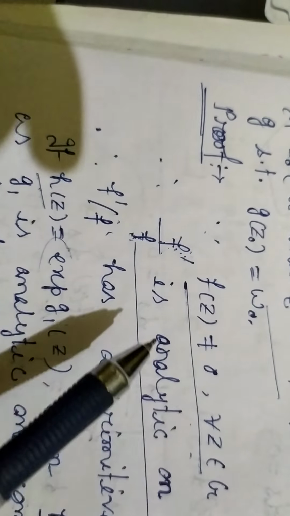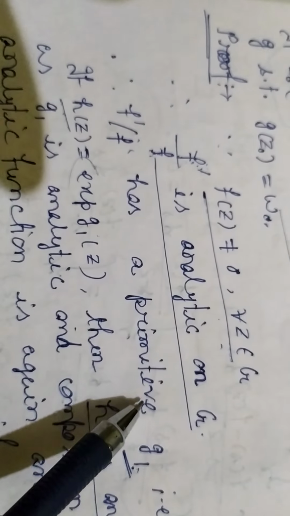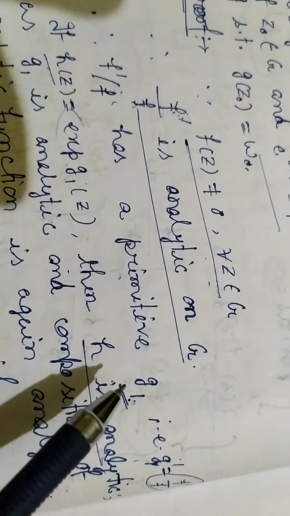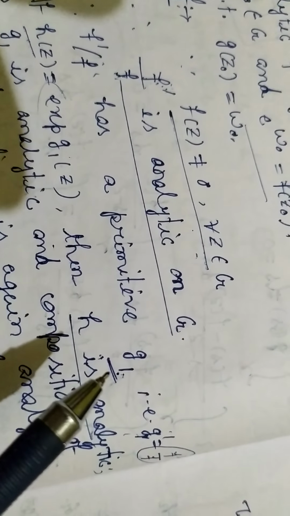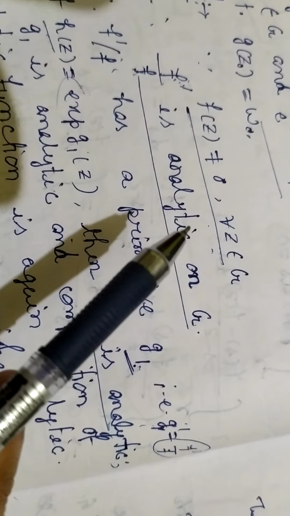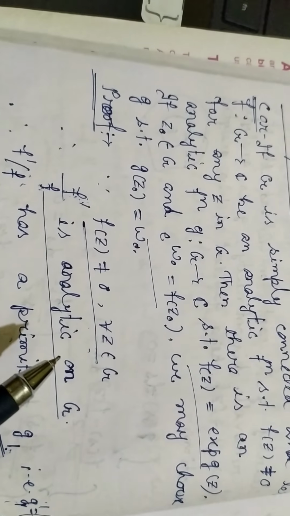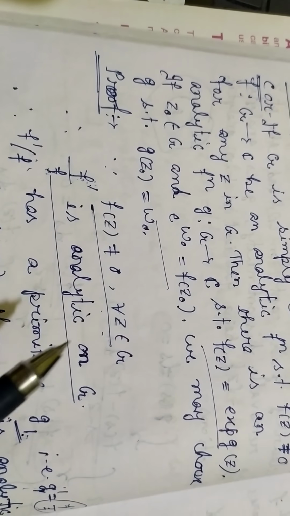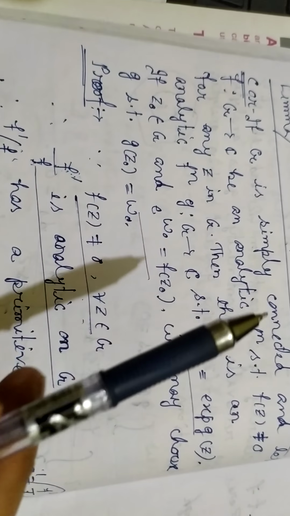By the previous corollary, if Z is simply connected and f is an analytic function, then f has a primitive. So here f dash by f has a primitive by the previous theorem, say z1, because this is an analytic function defined in a simply connected region.